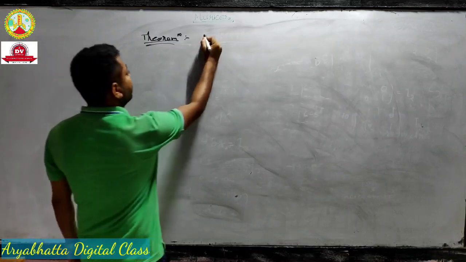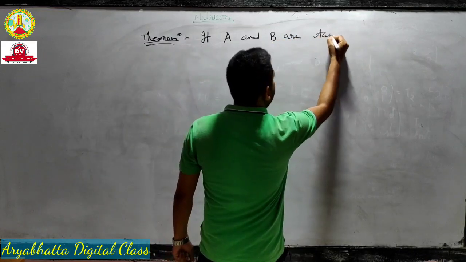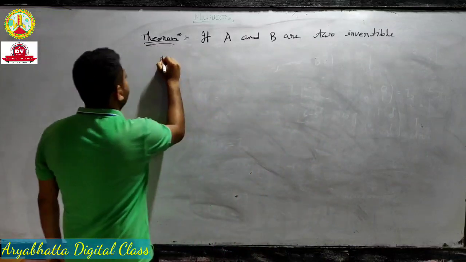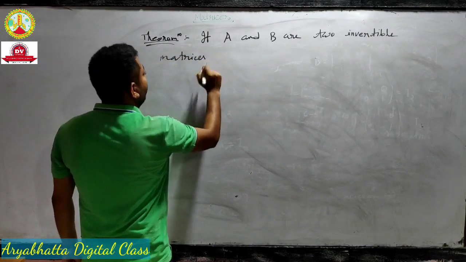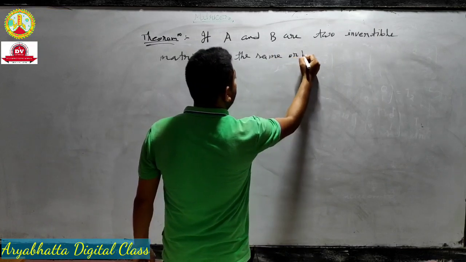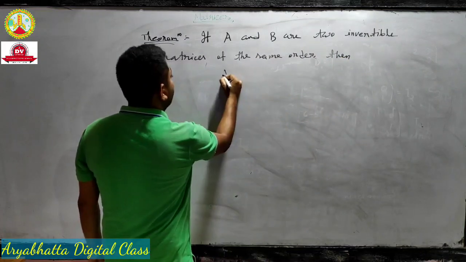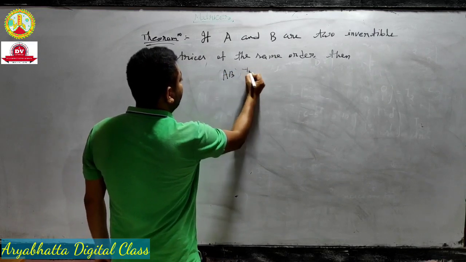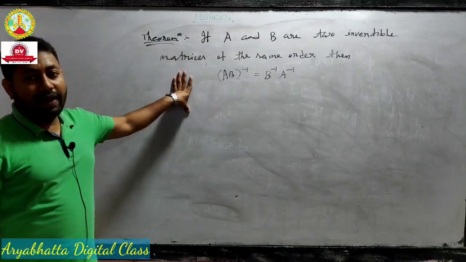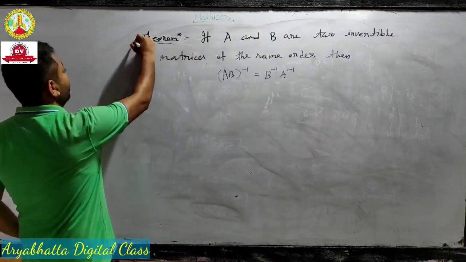If A and B are two invertible matrices of the same order, then AB whole to the power minus 1 equal to B to the power minus 1 into A to the power minus 1. This theorem is very important.